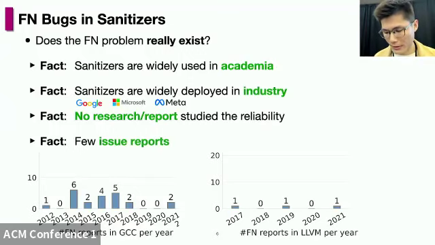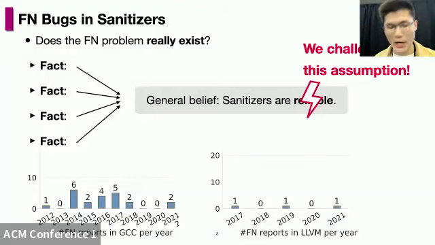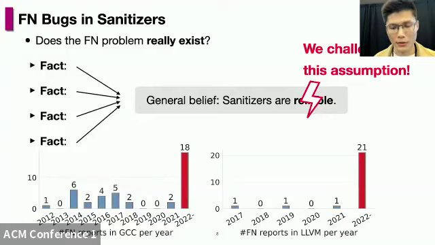All of these make it a general belief that sanitizers are reliable and can reliably detect undefined behaviors in our programs. However, in this research, we challenge this assumption. After this work, you can see a substantially increasing number of reliability problems reported to sanitizers in their public bug trackers.